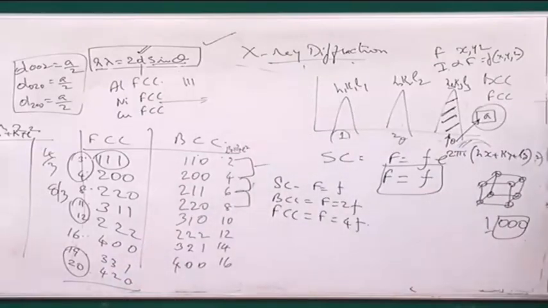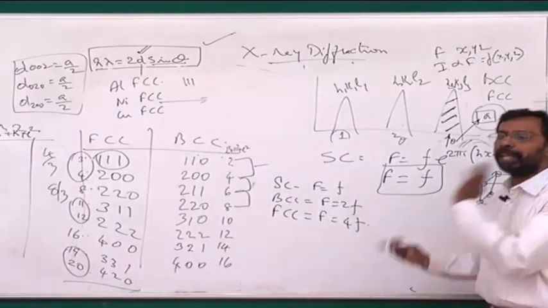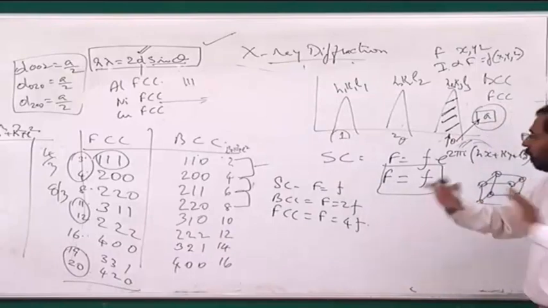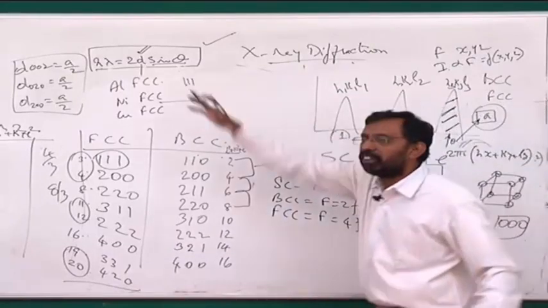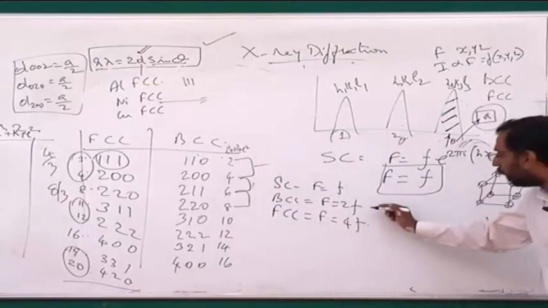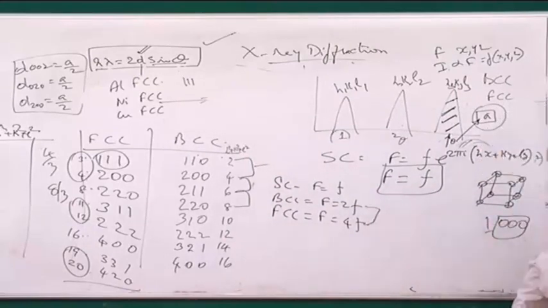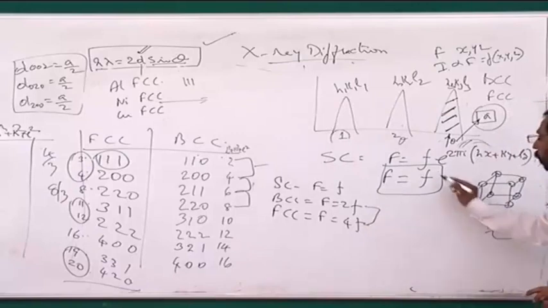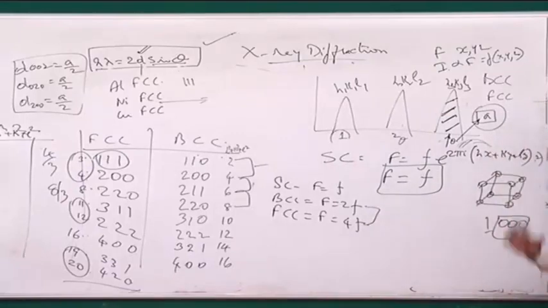This is provided there is a peak that is appearing, if the conditions are satisfied. If the conditions are not satisfied, you will get 0. But here you can see all HKLs will give you a peak. Why? Because xyz is 0.